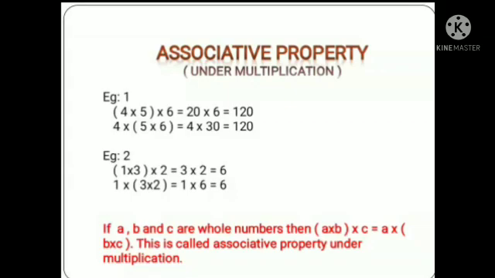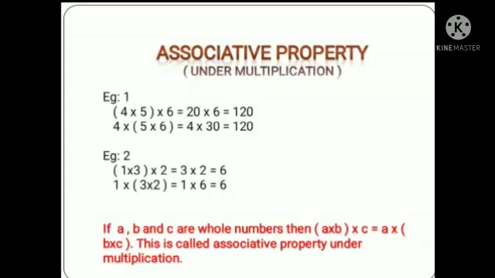In the next example, 1 into 3 into 2. Here, we will first multiply 1 into 3. 1 into 3 equals 3. 3 times 2 equals 6. In the next case, 3 into 2 equals 6. 6 into 1 equals 6. So, considering these two examples, we can see that when multiplying three numbers, it does not matter which two numbers are multiplied first.